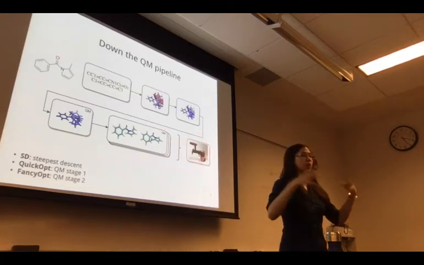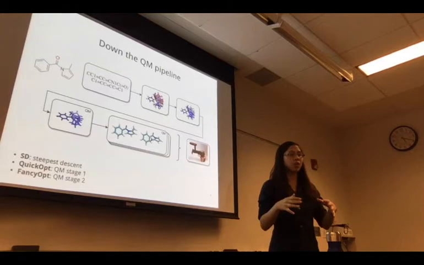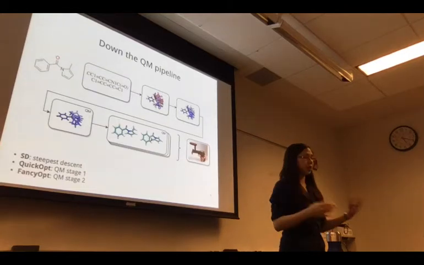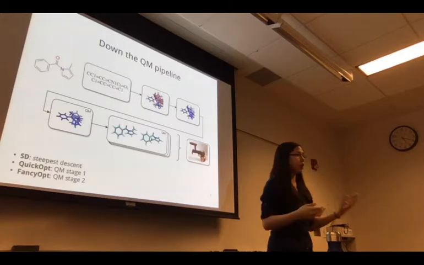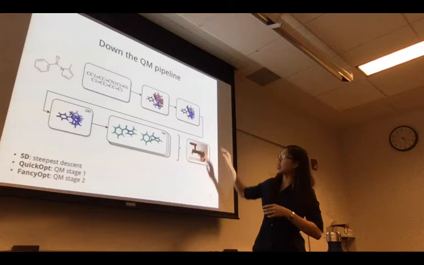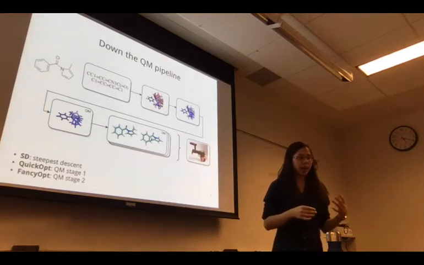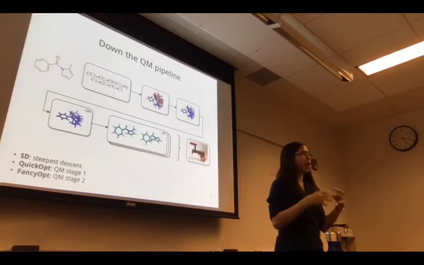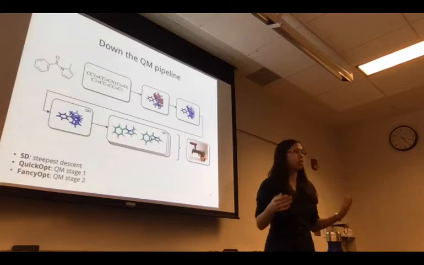Once you have this wide set of conformers, you want to filter out and remove any redundant minima, because when you actually want to send these through QM calculations, you don't want lots and lots. This first stage also has a quick optimization using steepest descent. For example, without that, I might have 30,000 conformers, but with that, I might whittle that down to 100.